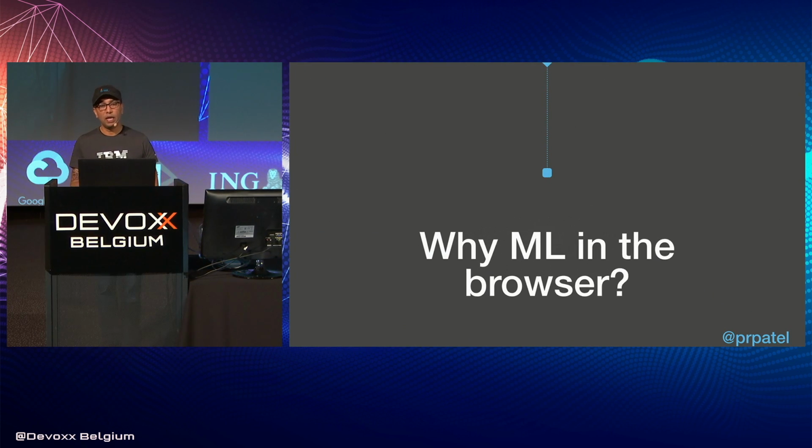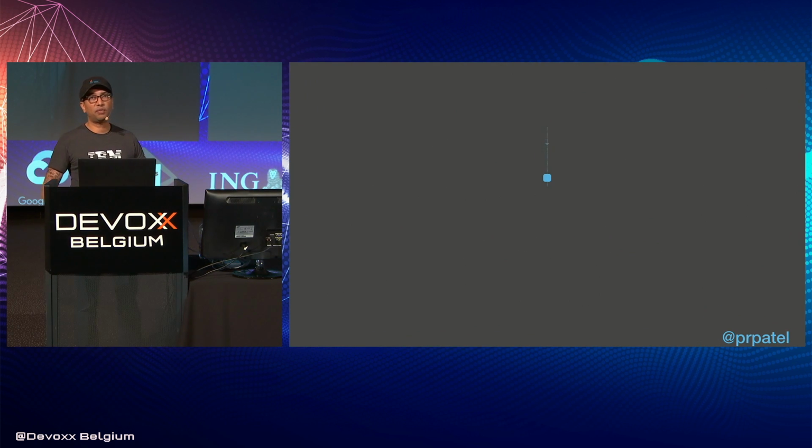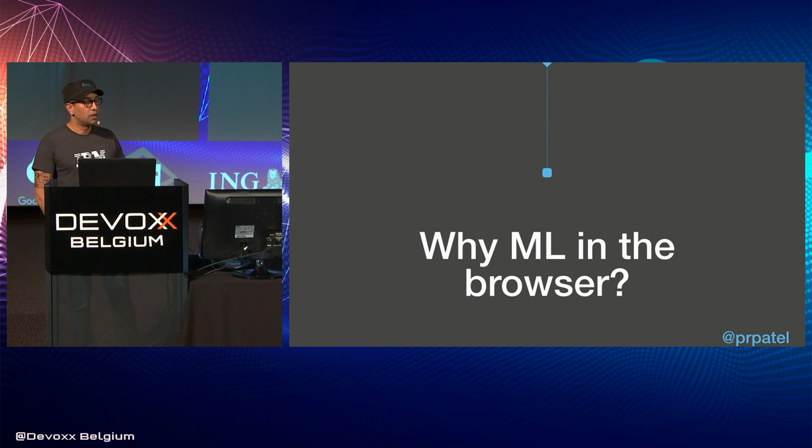You can also run TensorFlow.js outside of the browser in Node if you want to. In the demo we're going to load up TensorFlow.js in the browser, but you can also run it using Node. There are a couple of things you have to do to make it work properly, but it is possible, and some people have code that shows you how to do that.